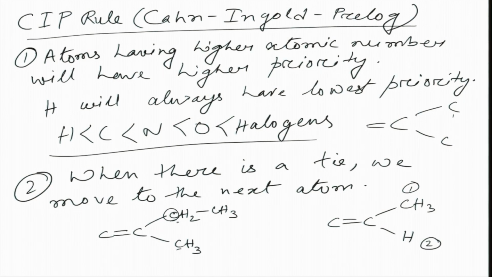This carbon is bonded to 2 hydrogens and 1 carbon, and this carbon is bonded to 3 hydrogens. Since this carbon is bonded to at least 1 carbon and this carbon is bonded to no carbon, there are only 3 hydrogens, we will give this priority 1 and this priority 2. So, this is how the CIP rule works.